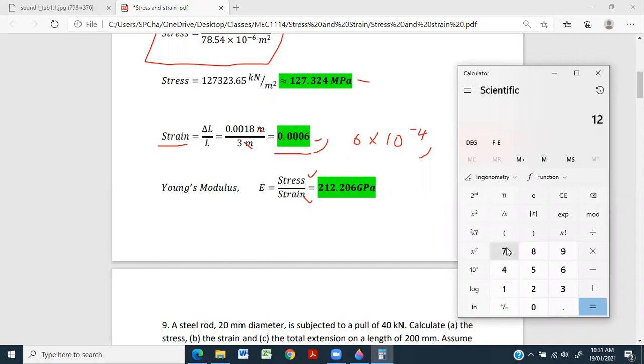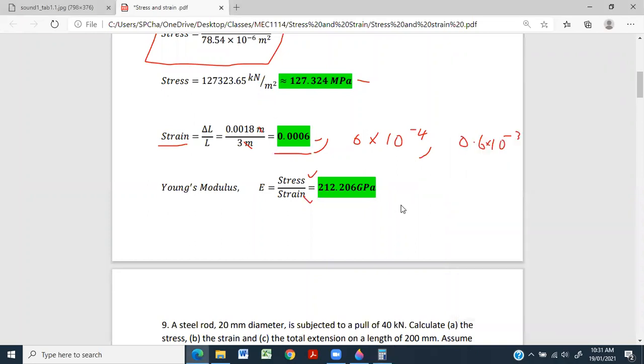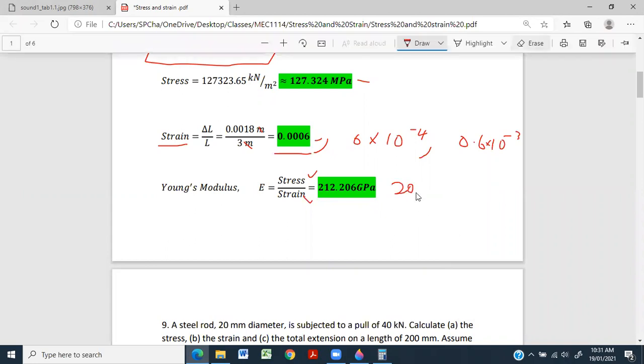So 127.324 megapascals divided by the unitless value 0.0006, we get this big number, 212,206 megapascals.